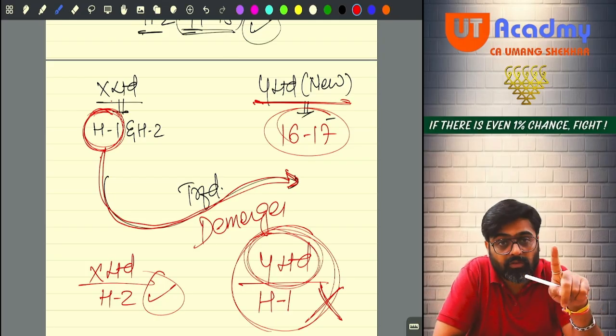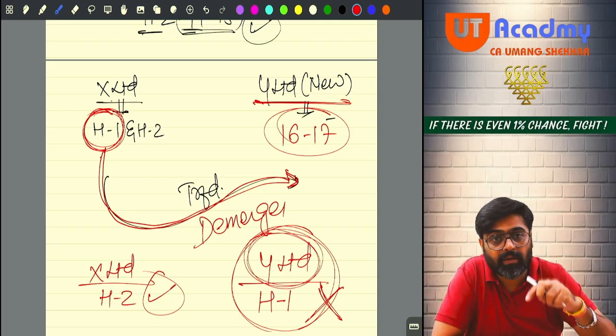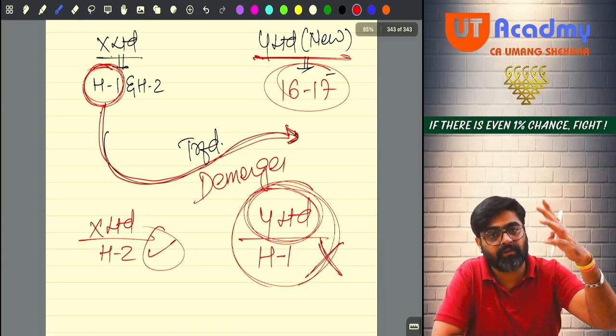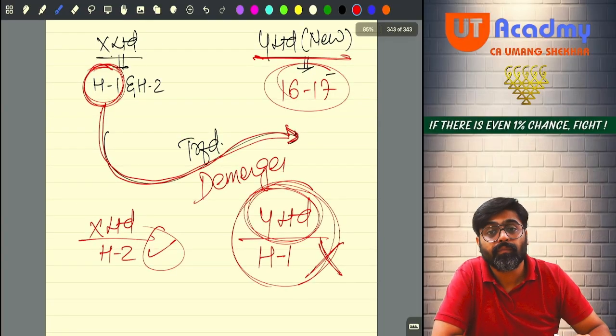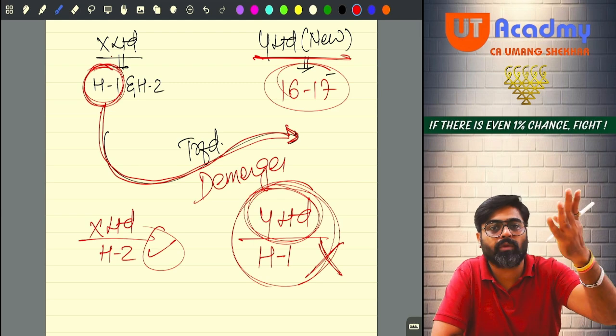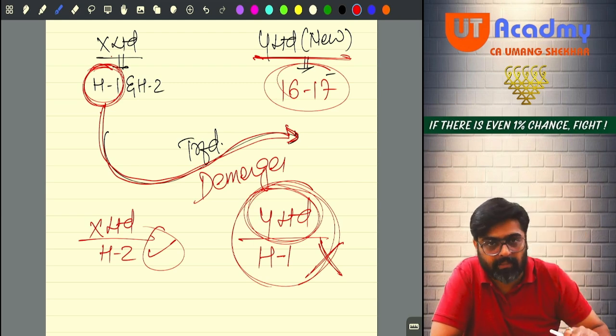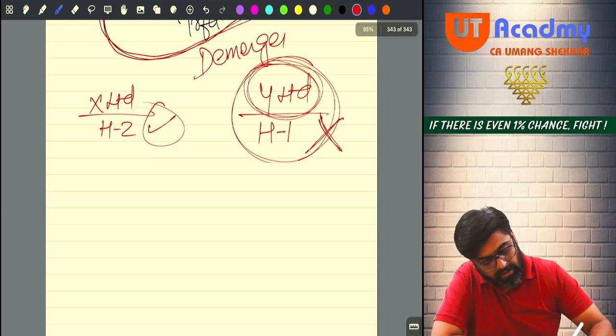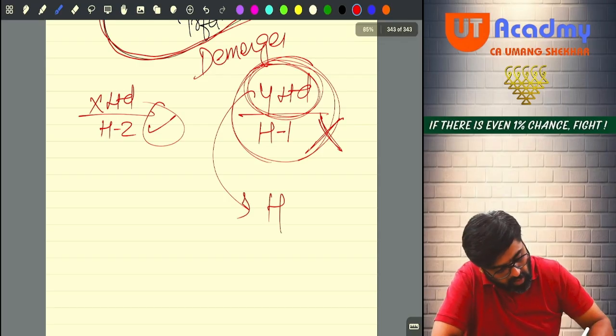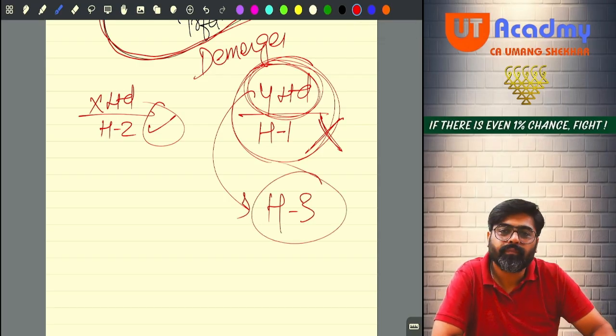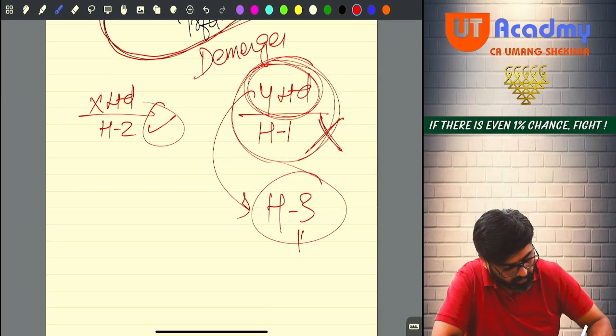What Y Limited can do, after being formed in 16-17, after 1st April 2010, is start hotel number 3 in 24-25. Come on.